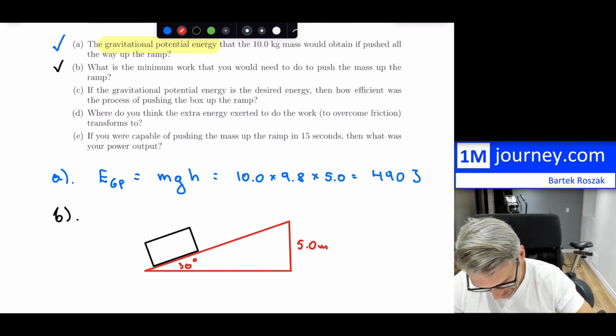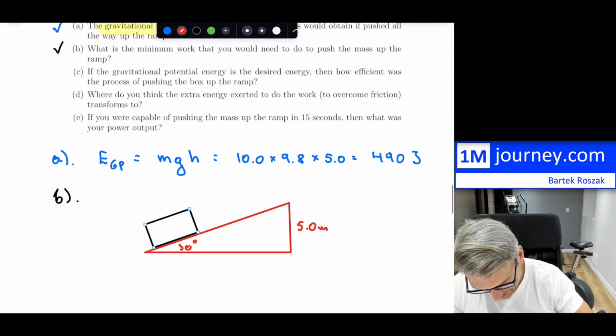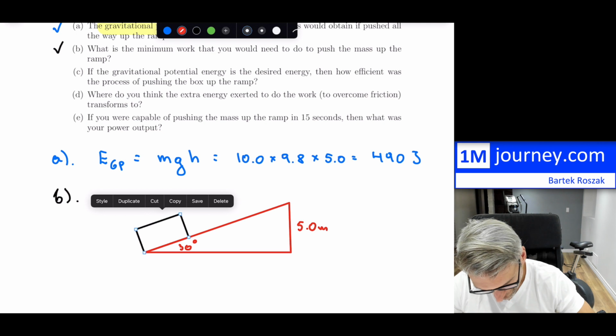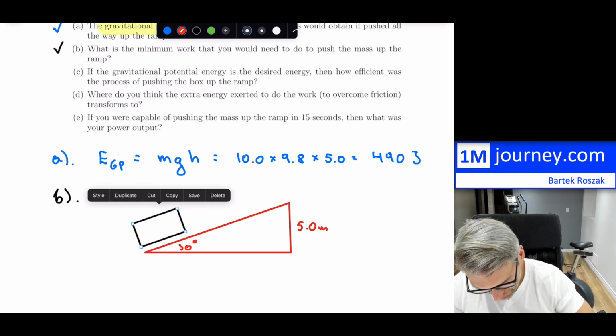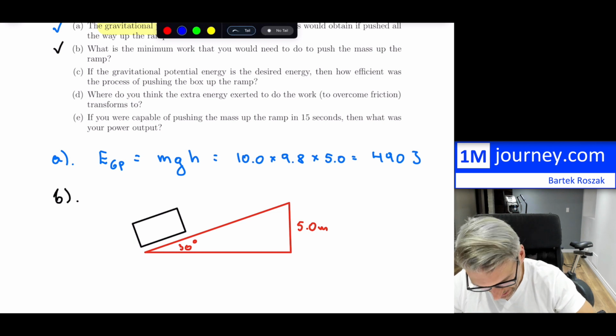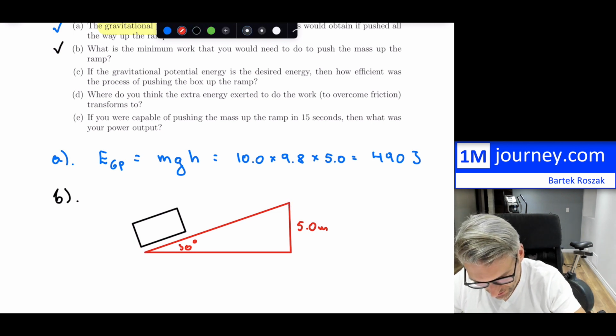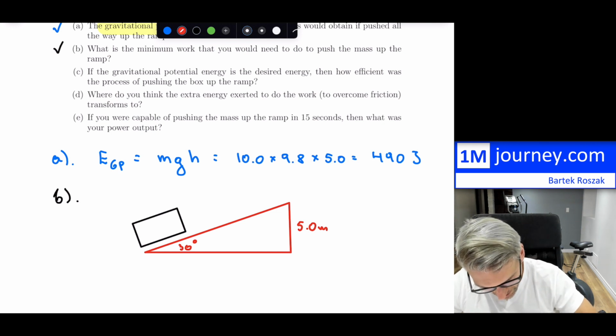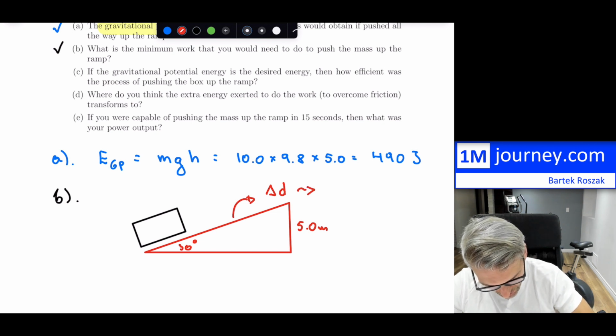So one of the first things that we need for this box is, we can certainly move it all the way up, but it's coming from the bottom. So for that box, I need to know what the displacement would be. Well, that displacement, I need to know what this is. Now I can certainly find that out. So this displacement looks like it's the hypotenuse, right?